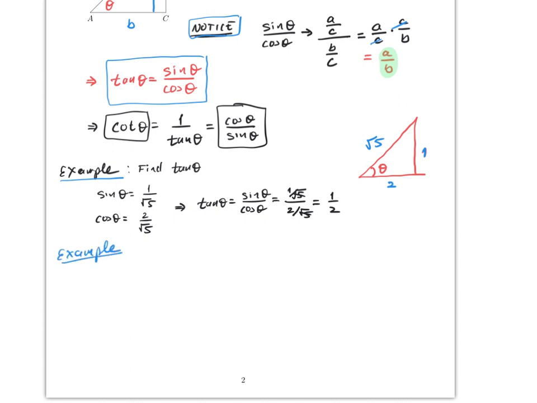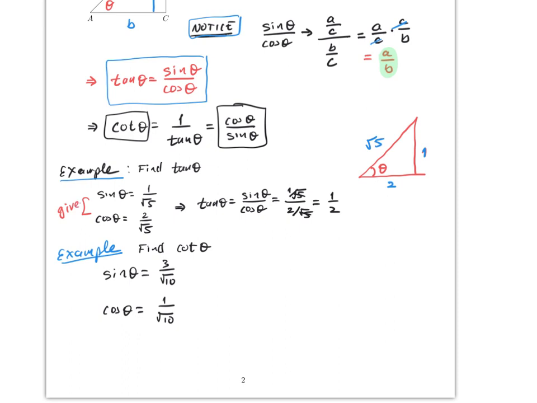Let's say sine theta is equal to 3 over radical 10, and cosine of theta is equal to 1 over radical 10. The question is going to be: find cotangent of theta. Notice that this information is always given.